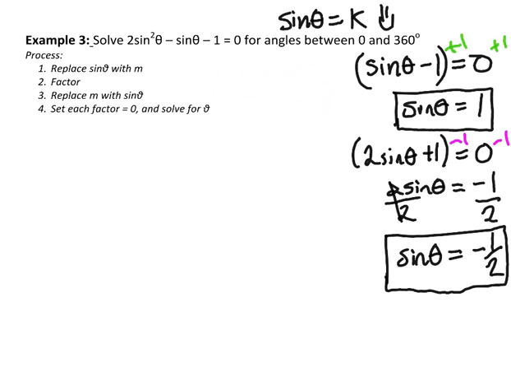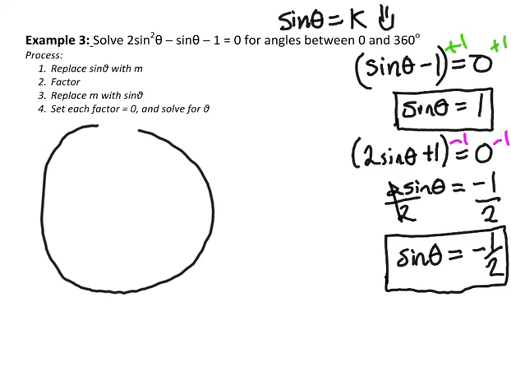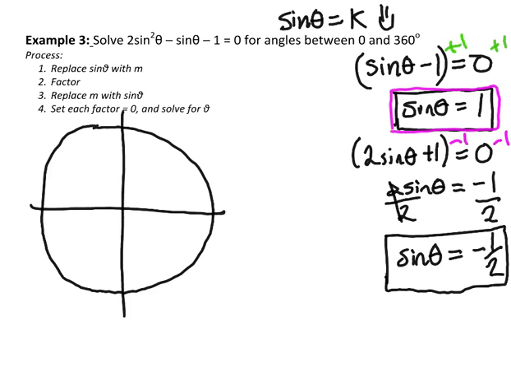So let's start with the first one here. We'll draw a nice unit circle for that. So the first one is that sine theta is equal to 1 here. So remember, sine is the y value again. So y is over here, and y is all the way at 1. So that's right at the top here. It's actually only 1 point when sine theta equals 1, and it's just right at the top.